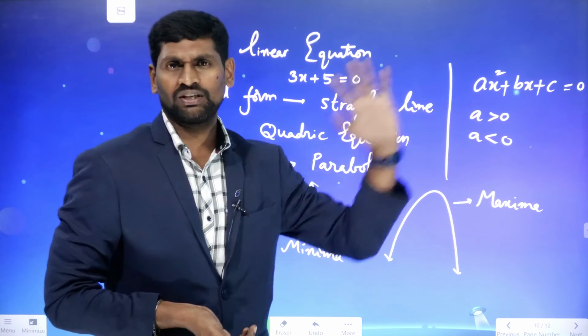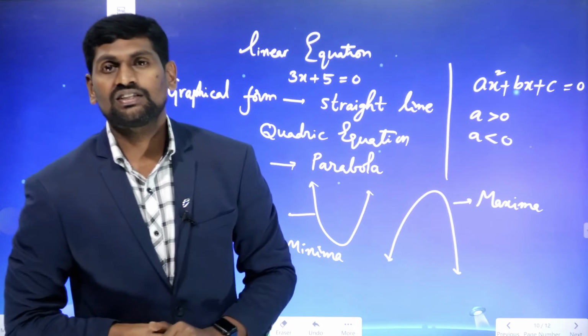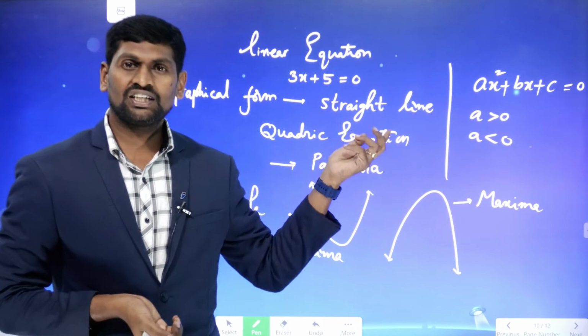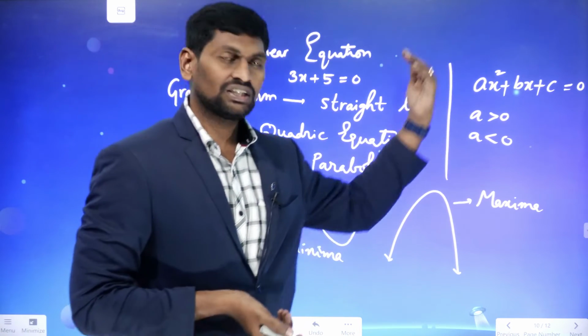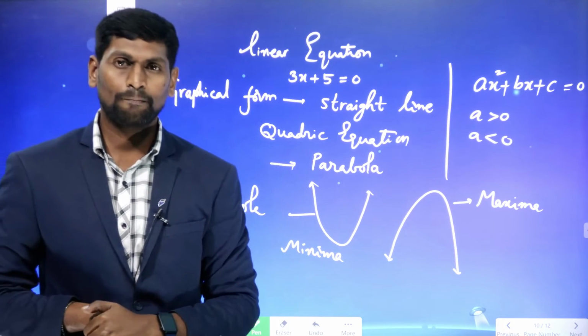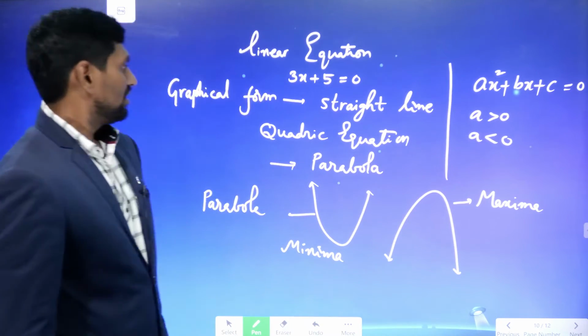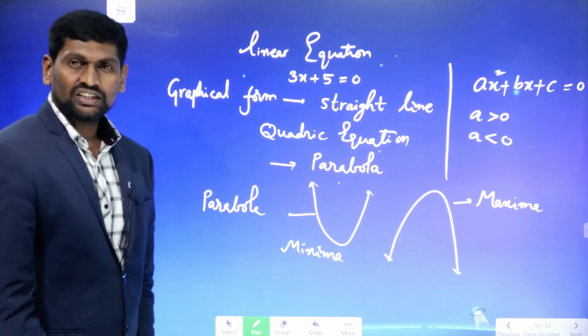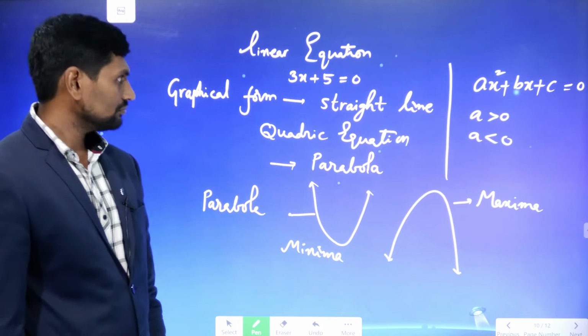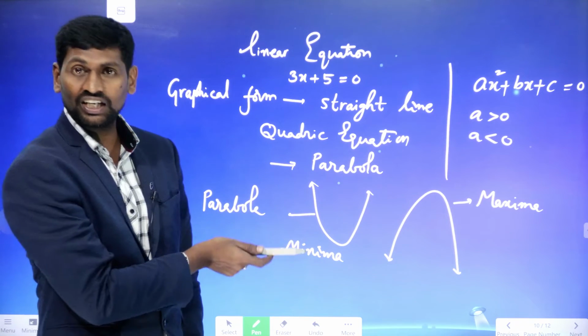B and c can be equal to 0, because the highest degree term should not be 0. If the highest degree term is equal to 0, then the degree becomes 1. If you want to write, just write it. Linear equation, its graphical form gives you the straight line.